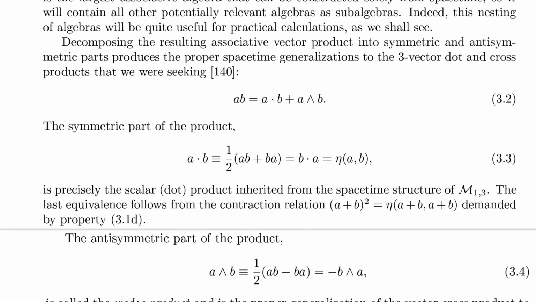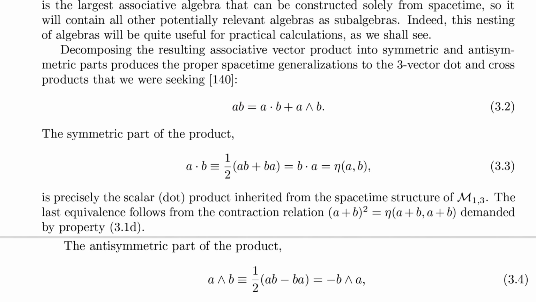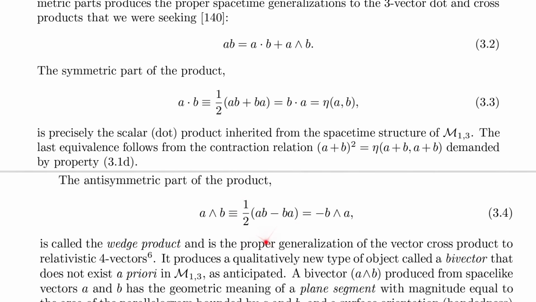So we understood that, and then we moved on and started beginning some definitions. We said the spacetime product of any 2 vectors has a symmetric part and an anti-symmetric part, which is just an algebraic statement, right? The only thing we're not assuming is commutativity, of course. And we define the symmetric part to be B dot A, and we define the anti-symmetric part to be this thing A wedge B. Those are just symbols that attach themselves to the symmetric and anti-symmetric part.